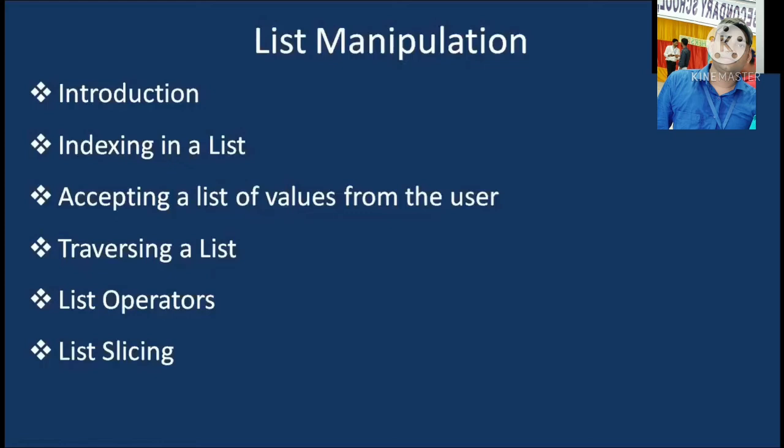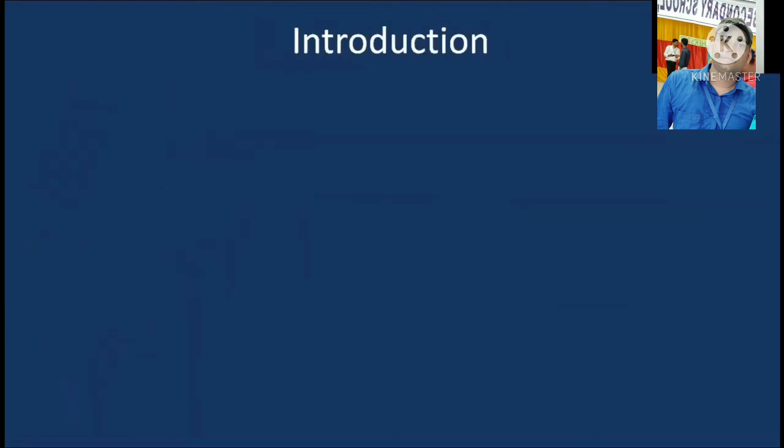If you remember in chapter 2, data handling in Python, we learned about the sequence data types. I had mentioned three data types in Python: string, list and tuple. How to read data from the user and store it in a list, how to traverse a list, what are the various list operations that you can use, and what do you mean by list slicing.